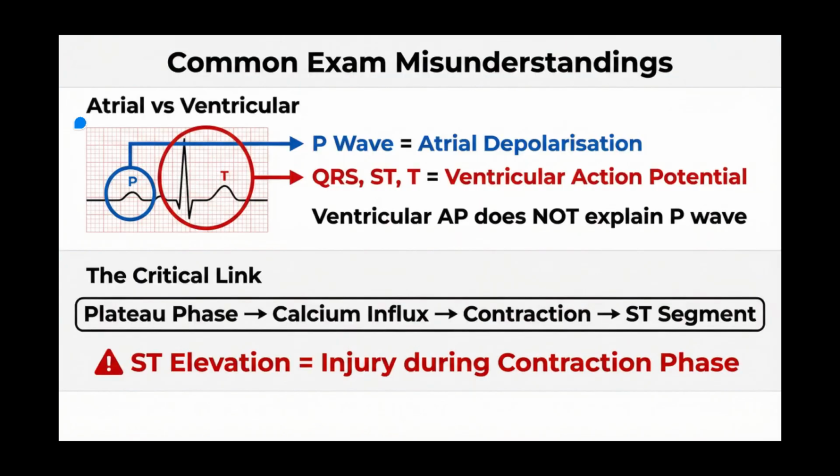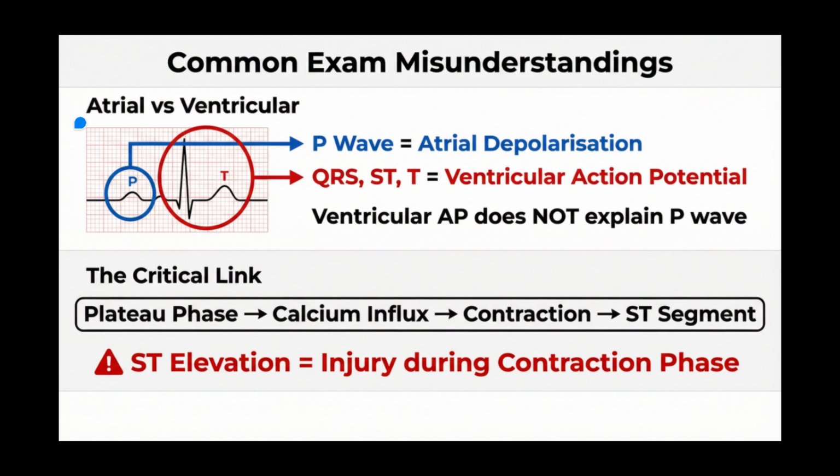Common examination misunderstandings occur at this point. Many candidates mix up atrial and ventricular electrical events. It is important to separate them clearly. The ventricular action potential explains the QRS complex, the ST segment, the T wave, and the QT interval. The P wave represents atrial depolarization and is not part of the ventricular action potential.